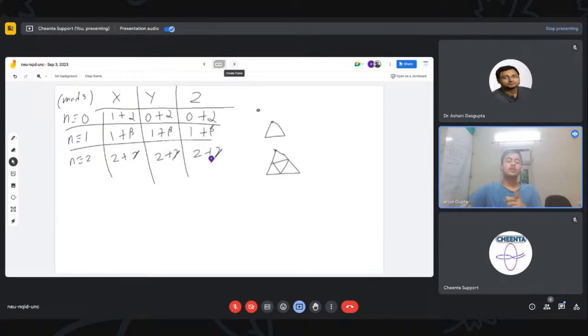So we got that for some n to work, we must have x, y, z of the same parity. So it's clear that n congruent to 0 fails. Only n congruent to 1 and 2 might work from our observation.